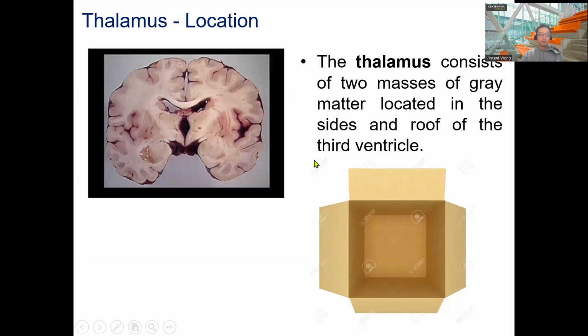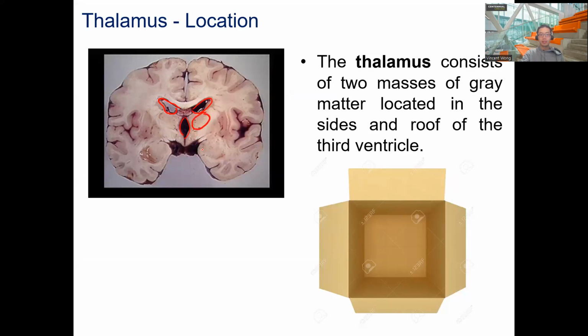This is the frontal or coronal section. And just to reorient you one more time, we have the corpus callosum here, and then we have the lateral ventricle, the cross section of it. And this would be the third ventricle. And then you have your thalamus here.